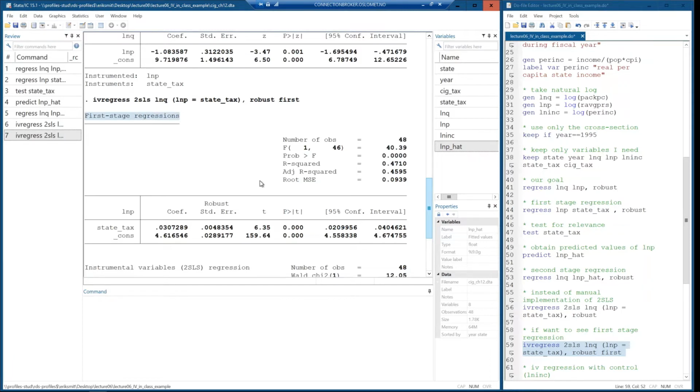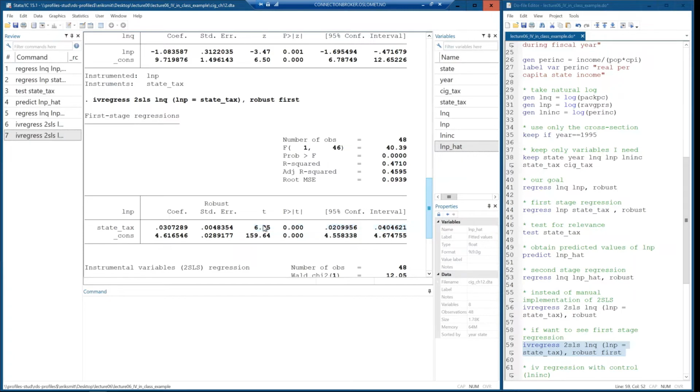And here we can check if the instrumental variable is explaining a significant part of the variation in LMP, and we can perform a hypothesis test to check if the coefficient of the state tax variable is indeed different from 0.